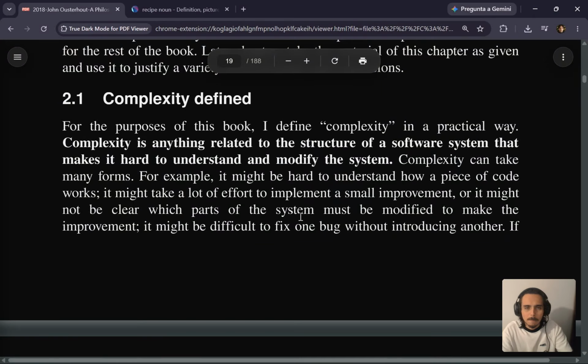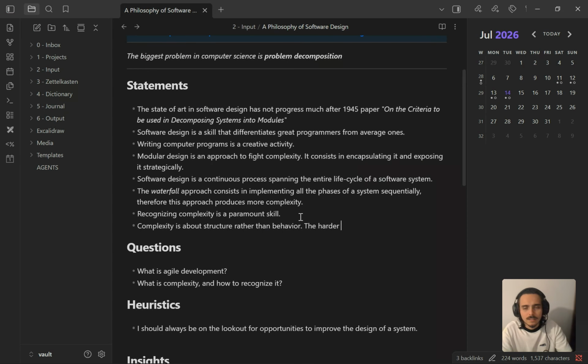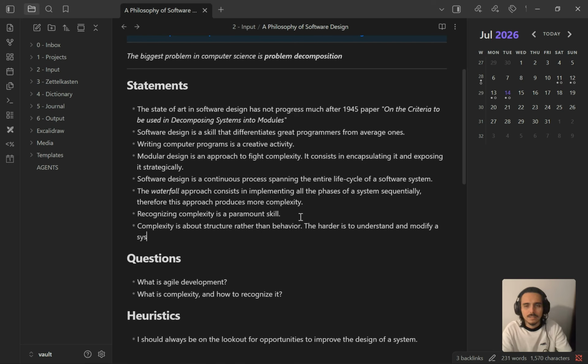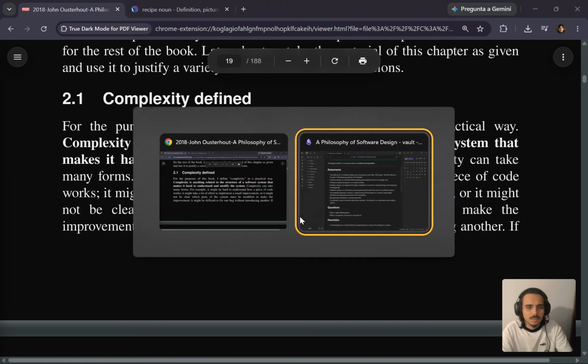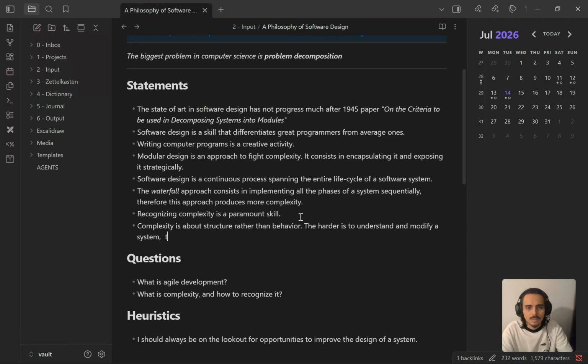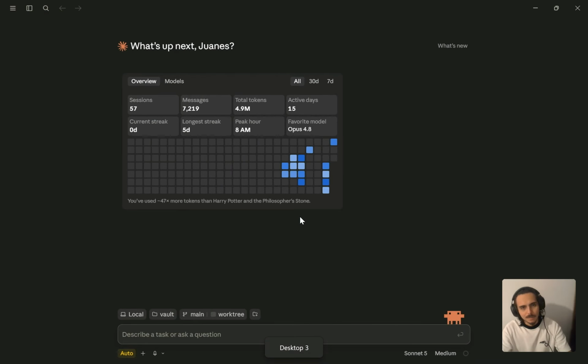The harder it is to understand, work on and modify a system, the more complex we say that system is. I like this statement more. Okay.